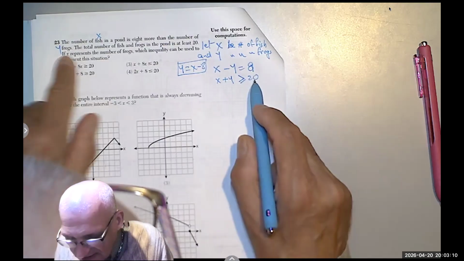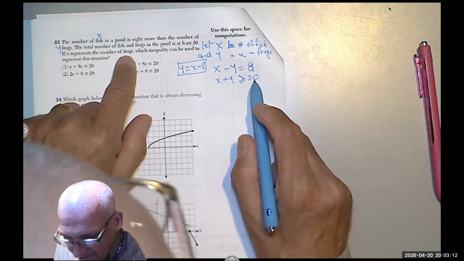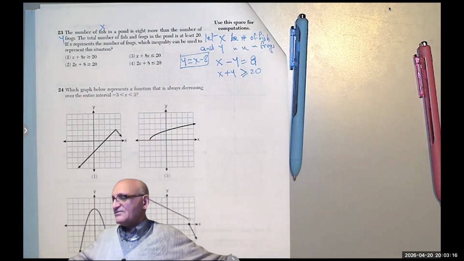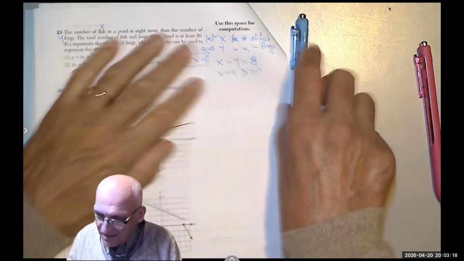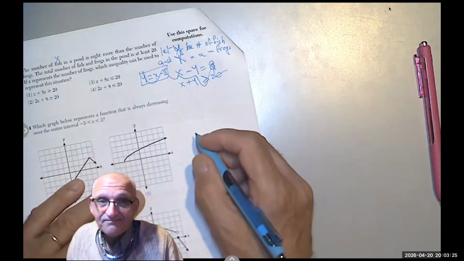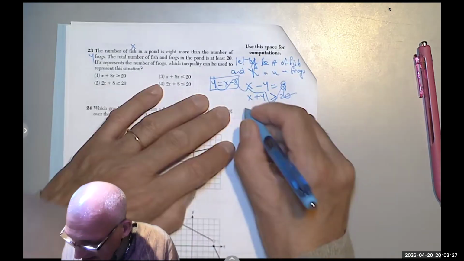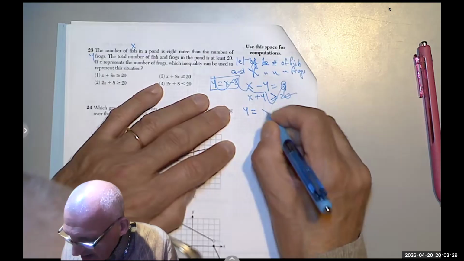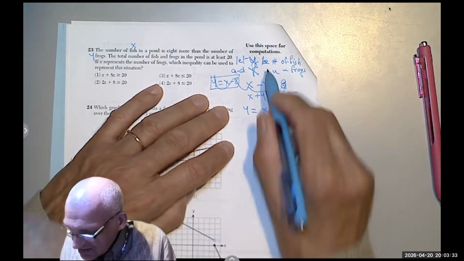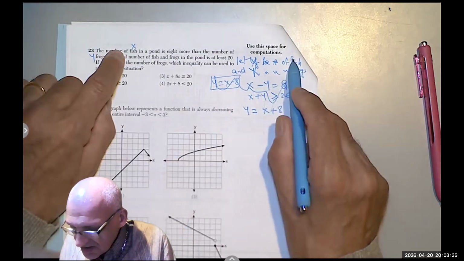So they tell you if x represents the number of frogs, which, oh my God, the number of frogs. I'm sorry, I should have read that. Okay, let this be y and this be x. I'm sorry, guys. Y equals x plus 8 because the fish is more.